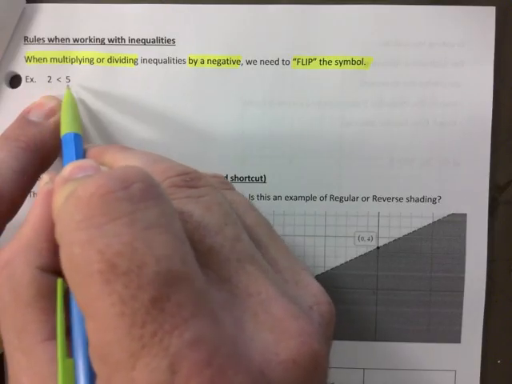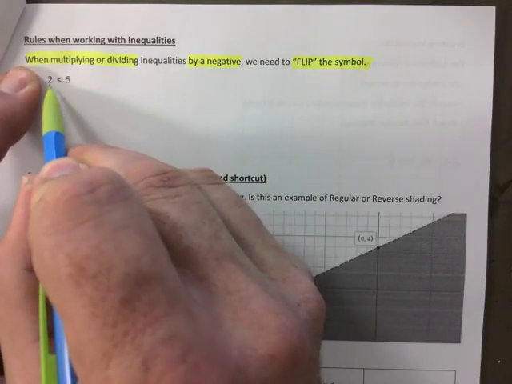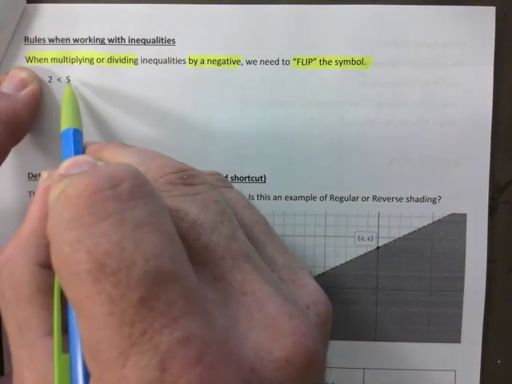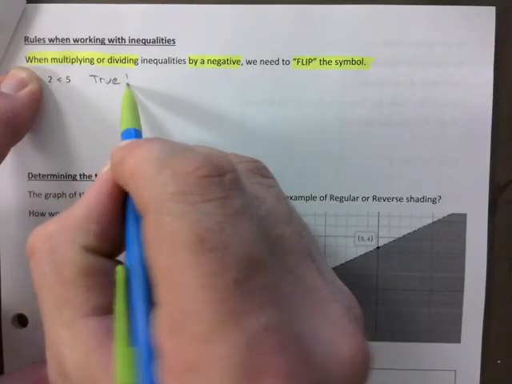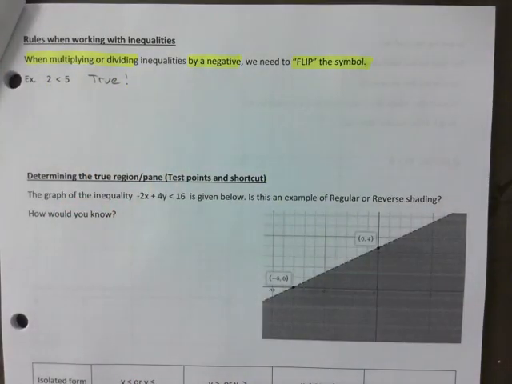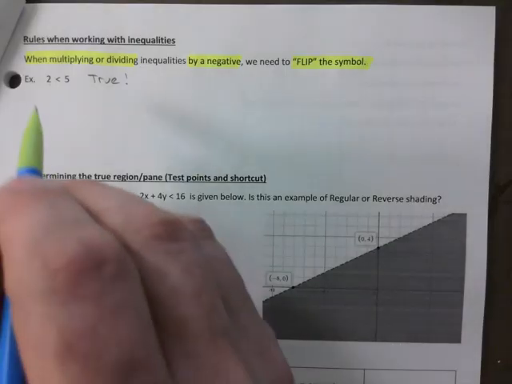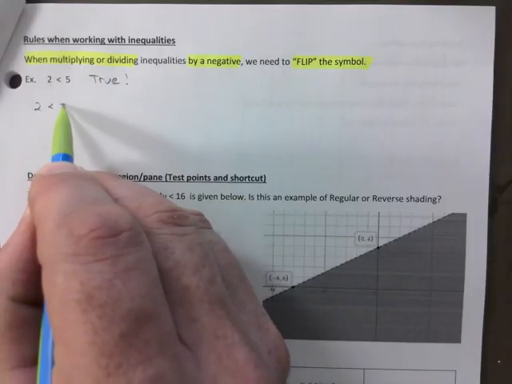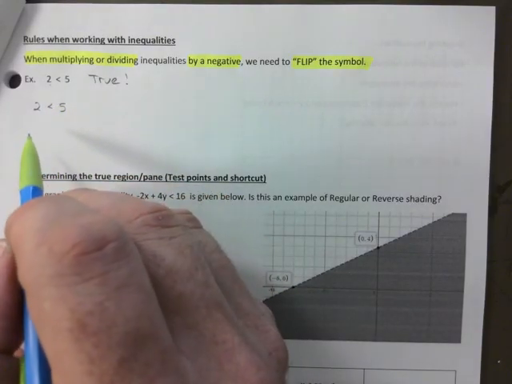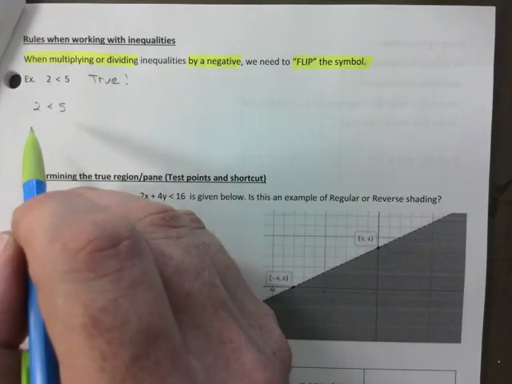Is this statement right now true? If you read it like this, is 2 less than 5? True. That is true. Actually, inequalities are always kind of asking a question whether or not this is true. Okay. Let's take the 2 and we multiply everything by -1 or divide by -1.